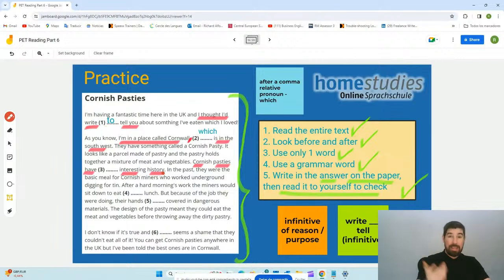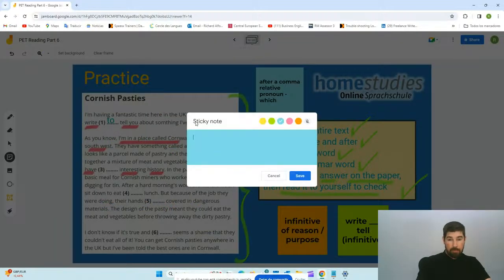Now, interesting begins with a vowel. It begins with I. So what article do we always use before a word which begins with a vowel? Hopefully, I've given you a clue. Before adjective and noun.